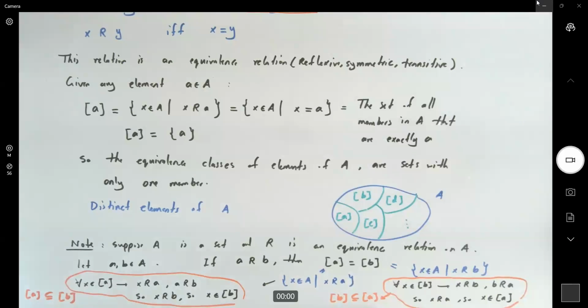By the definition of being a subset, they must be equal. One, two, one is two. They are the same thing.